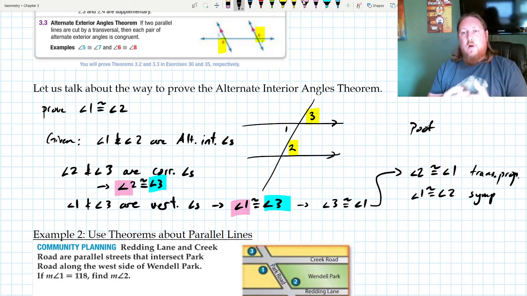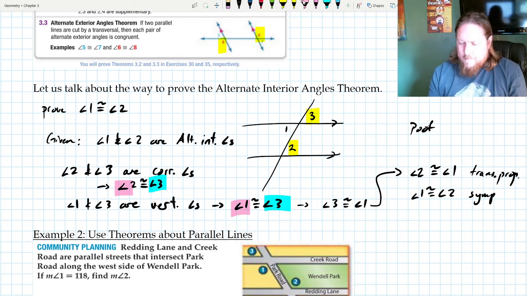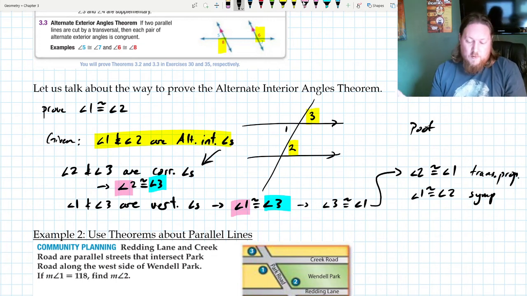Now, if you were to actually prove this thing, you would have to write it out in a two-column proof or write a nice paragraph proof for it. But basically, it's kind of like a flow chart what I just made. I've got this thing that's given. I have to assume that. Then I move down here and go, oh, I need a corresponding angle, and I know those are congruent.